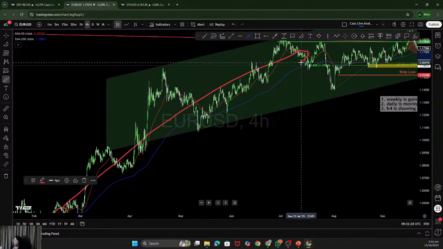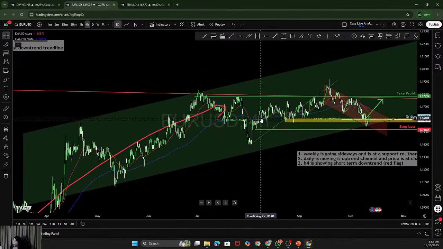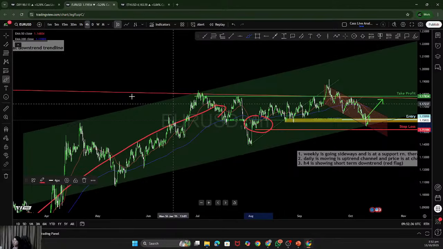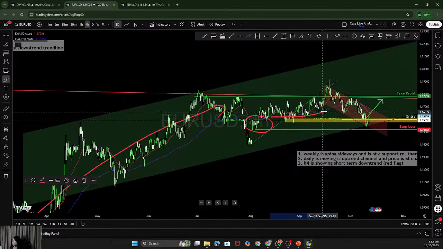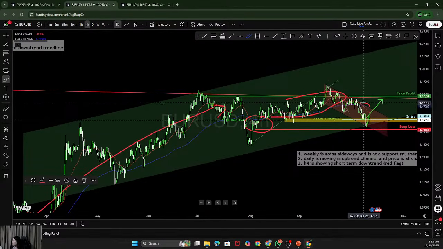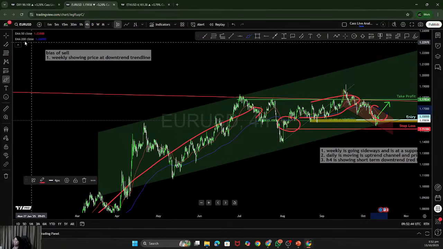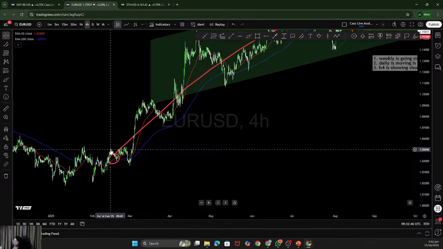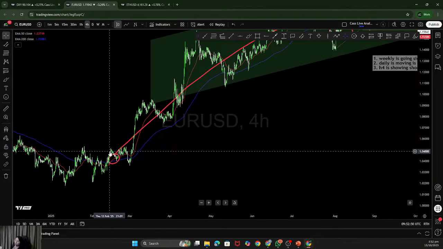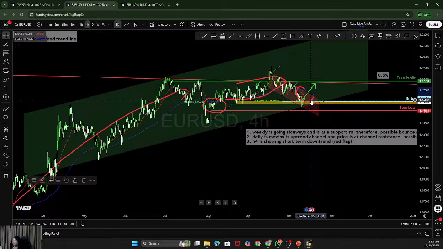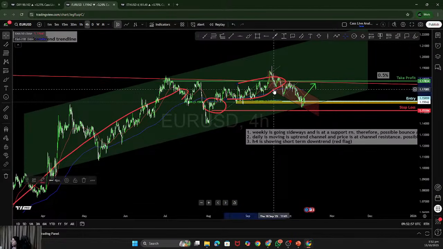There was only one instance here where price moved below, but then it continued to move up, and now is finally the second time since the 14th of February, Valentine's Day, where the 50 EMA is moving below the 200.